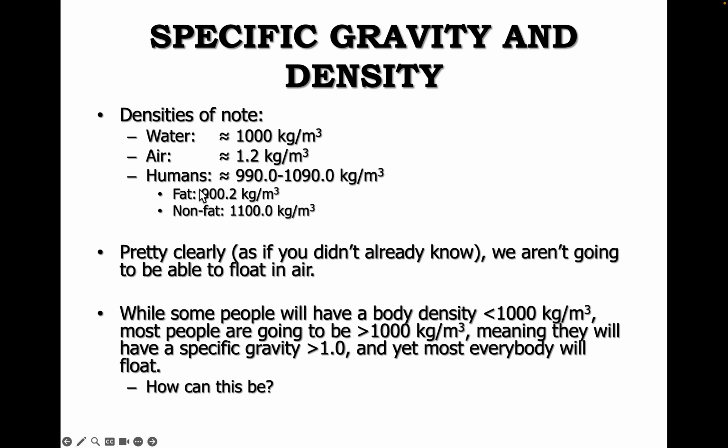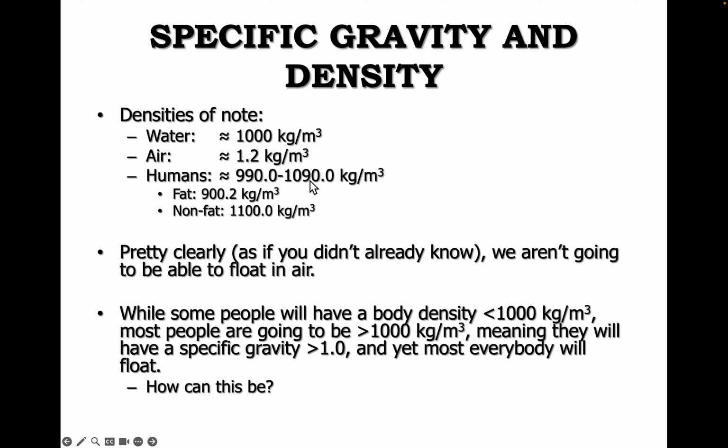Humans, depending on how much of their body mass is made up of lean tissue versus fatty tissue, their density can fluctuate. A good rough estimate of that is going to be 990 to 1,090 kilograms per cubic meter.